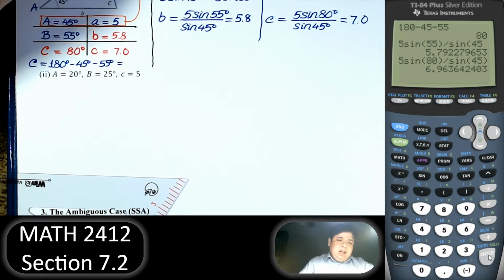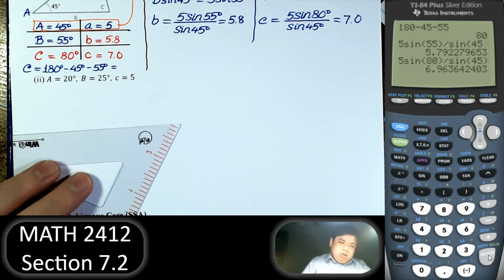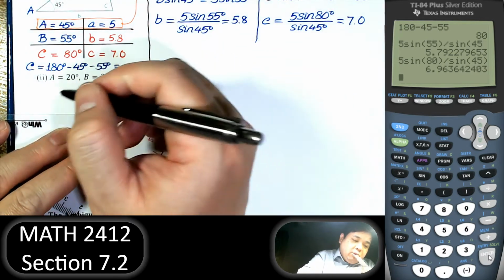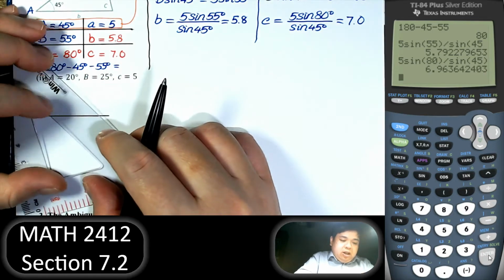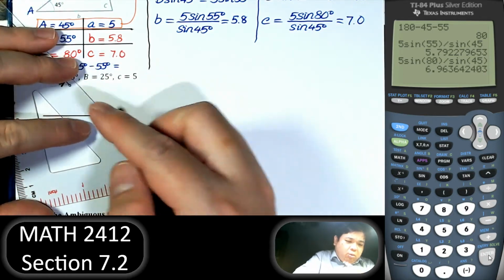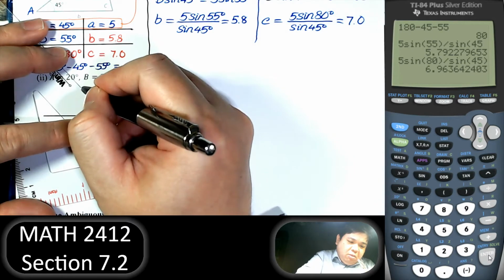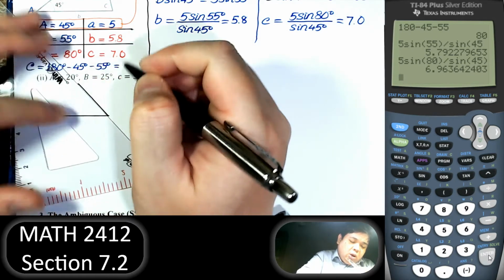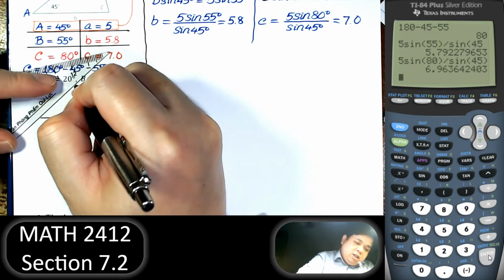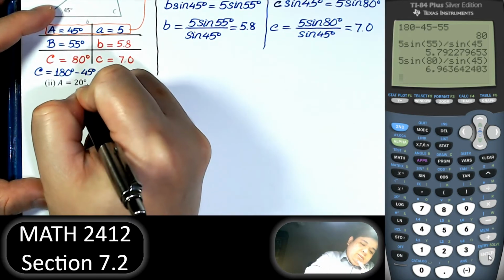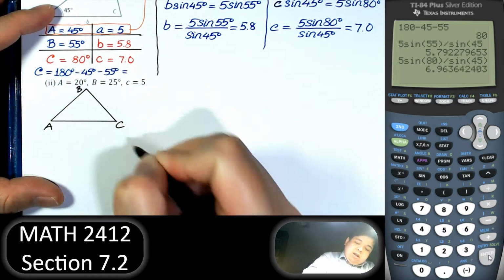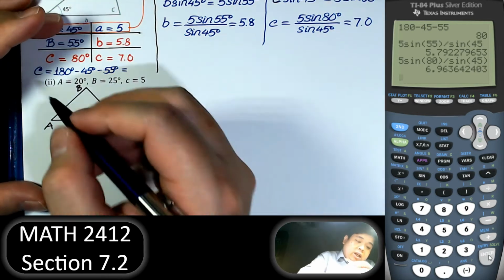Right. So of course we can draw the triangle, which I always recommend we do. It's not that we draw the angle with the exact measure, but we just get the idea of what we are given and what we need to find.